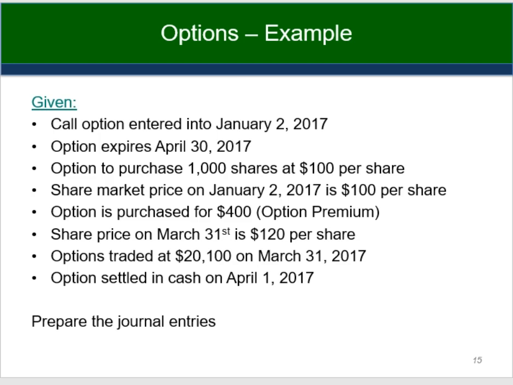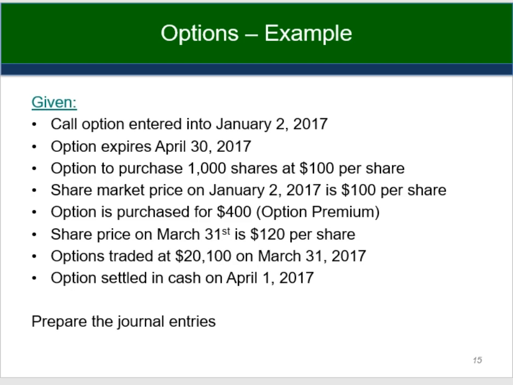So the share price on March 31st goes up to $120 per share, so it's $20 in the money. So you've made $20,000 essentially on your shares. You can buy them for $100 and sell them for $120 on the market. There may be a transaction cost to sell them on the market, but still $20,000 is quite a nice profit over a couple of months.